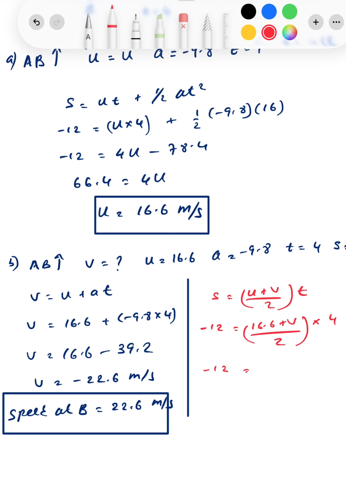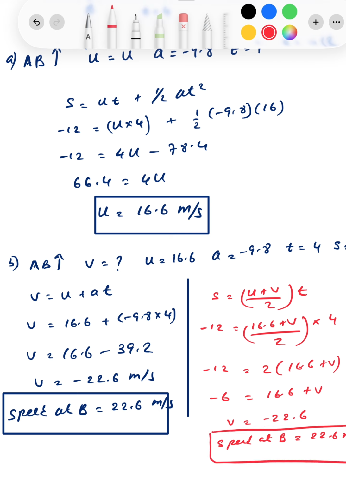So minus 12 equals 2 times 16.6 plus v, minus 6 equals 16.6 plus v. So v becomes minus 22.6. So speed at B once again is 22.6 meters per second. So we get the final answer.